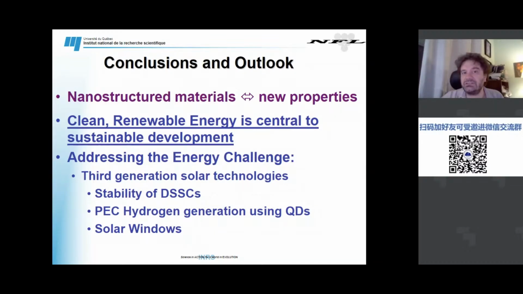And we do this by developing nanomaterials and using them as building blocks for various kinds of energy technologies. So I shared with you some of our work on 3rd generation solar technologies, studying, for example, the stability of dye-sensitized solar cells, and then replacing the dye in these solar cells with quantum dots, looking at photoelectrochemical hydrogen generation, as well as luminescent solar concentrators or solar windows.